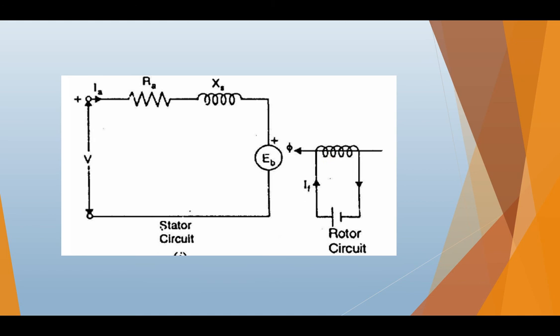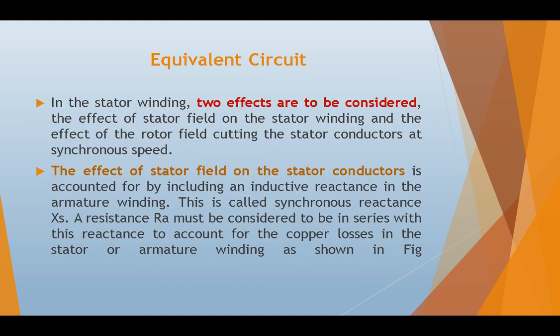Now let's study the stator circuit. In the stator winding, two effects are to be considered. The effect of the stator field on the stator winding, meaning the field that is produced by the stator, and the other one is the effect of the rotor field cutting the stator conductor at synchronous speed.